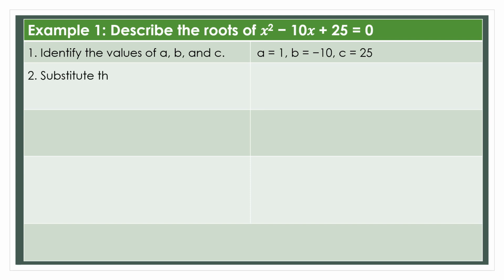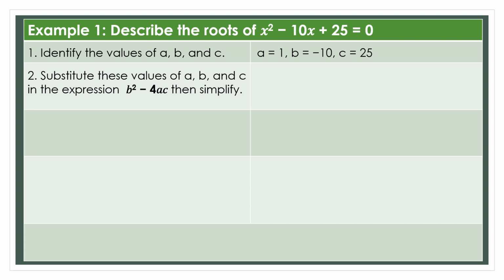The next step is to substitute these values in the expression b squared minus 4ac, then simplify. Negative 10 squared is equal to 100, then negative 4 times 1 times 25 is equal to negative 100, then 100 minus 100 is equal to 0.